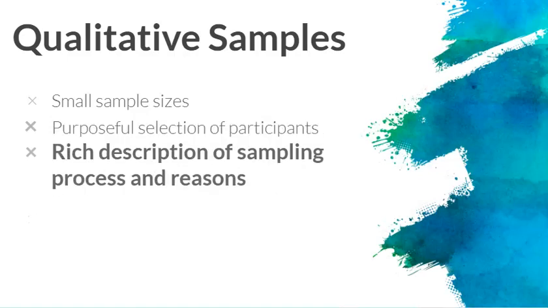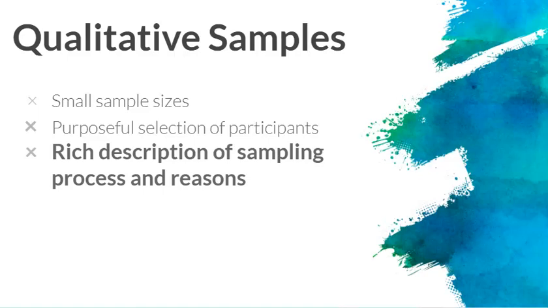Now, because it's a small sample size, it's the researcher's job to give us a rich description of how they chose their sample, their reasoning, and who is in their study. That rich description is then going to help us transfer to other situations that are similar and say, hey, this is just like my child, or this sample is just like this other situation, and we can transfer the findings.